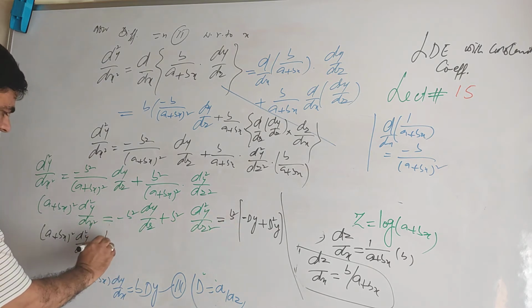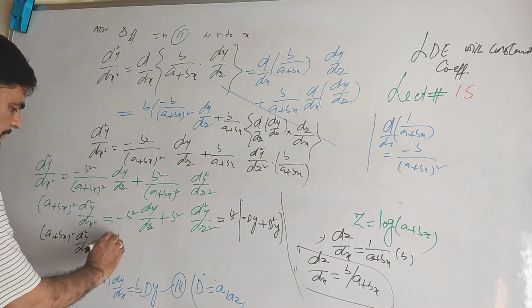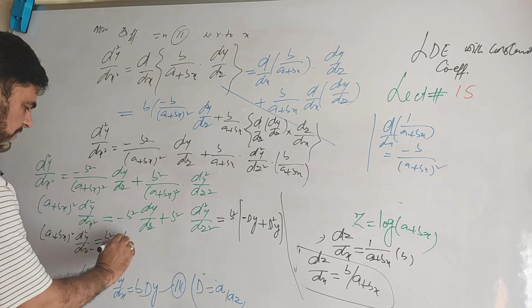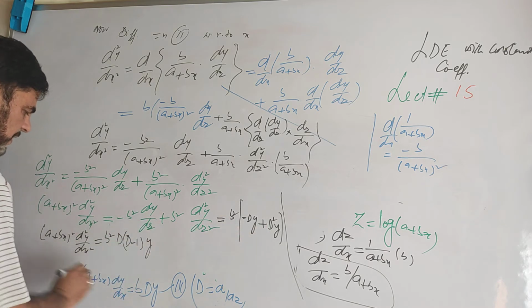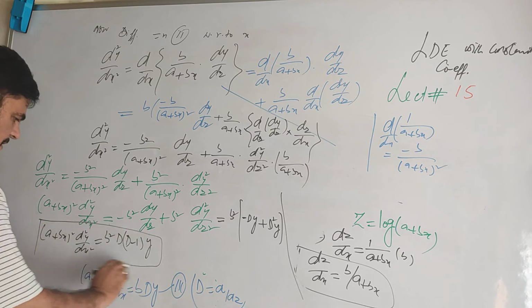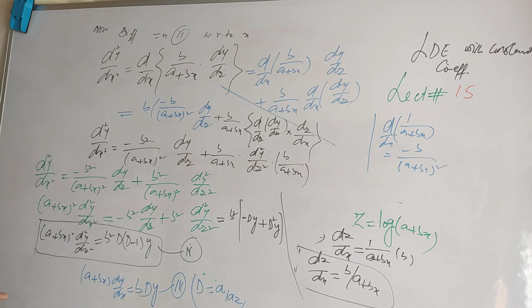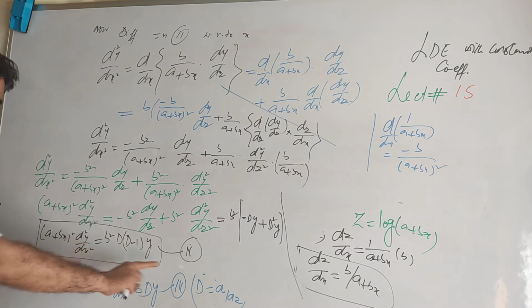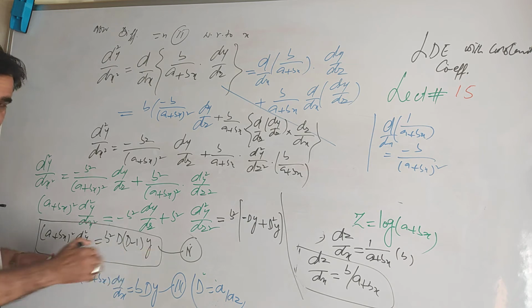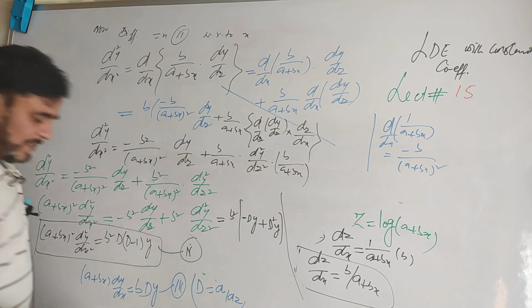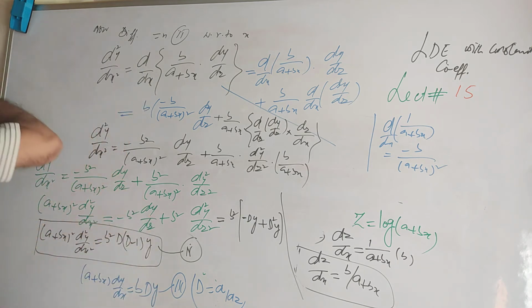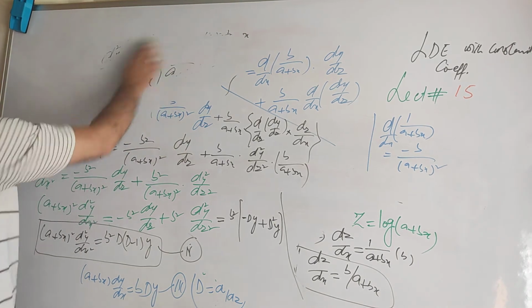It is b square, take D out, when you take D out, it will be D (D minus 1) into y. So this is your equation number 4th. Now you see you have got (a plus bx) dy by dx is b D y. Here you have (a plus bx) square d2y by dx square, b square, one factor increases, D into (D minus 1) into y. You can write similarly. In previous case we did in lecture number 4.